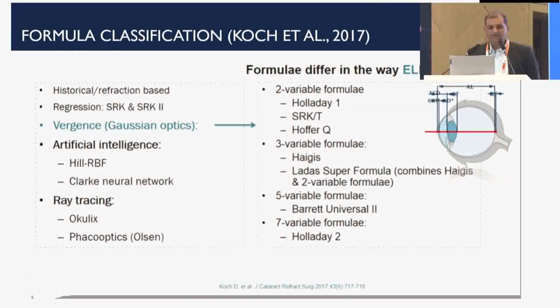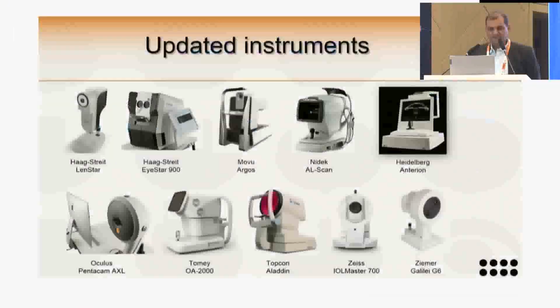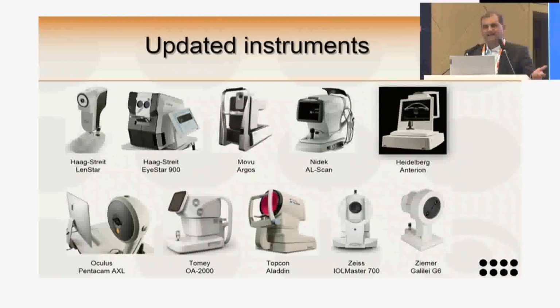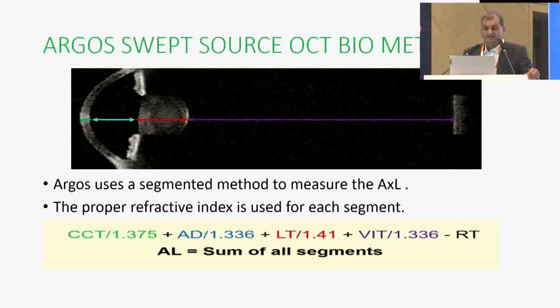And of course, the ray tracing formulas are also coming up, that is the pure optics phenomena, where the Okulix or Phaco Optics or Olsen formulas have also been classified. The newer equipment like optical biometers now have very minimal error contribution to the IOL power calculation, and then more advanced is the Argos optical biometer, where segmented optical biometry is also measured.